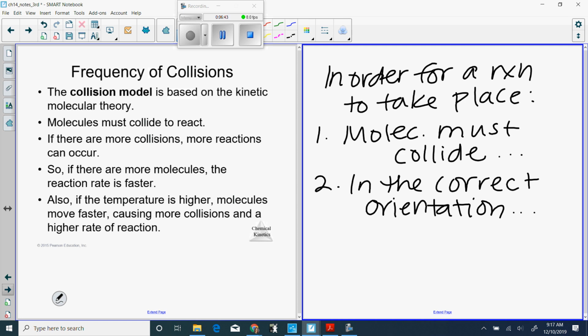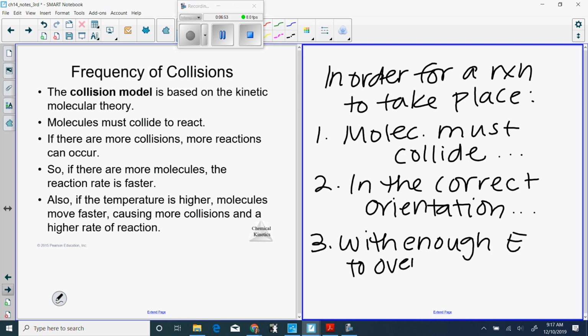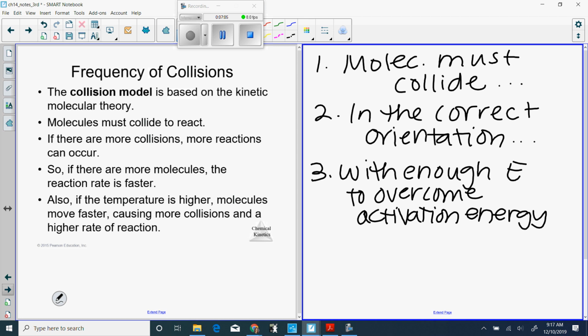And three, with enough energy to overcome activation energy. Okay?